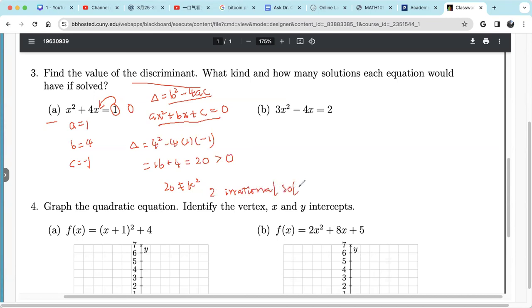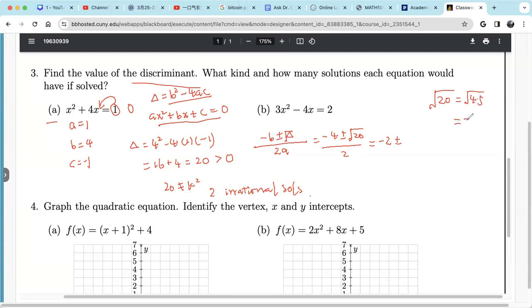And we can even find those solutions, right? We have negative b plus or minus the square root of the discriminant, divided by 2a. And we have negative b is -4, plus or minus square root of 20, divided by 2. -4 divided by 2 is -2. Plus or minus, remember square root of 20 can be simplified as square root of 4 times 5.